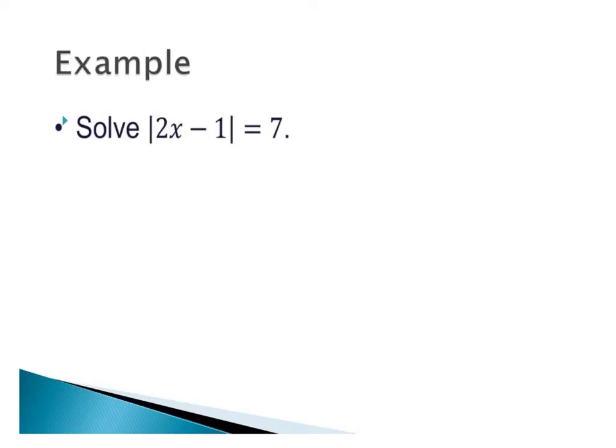So what does that look like if we have something like this? If we totally blacked out what was inside the absolute value, whatever it is, it's equal to 7. So whatever is inside has to be either equal to 7 or equal to negative 7, because the absolute value of negative 7 equals 7.